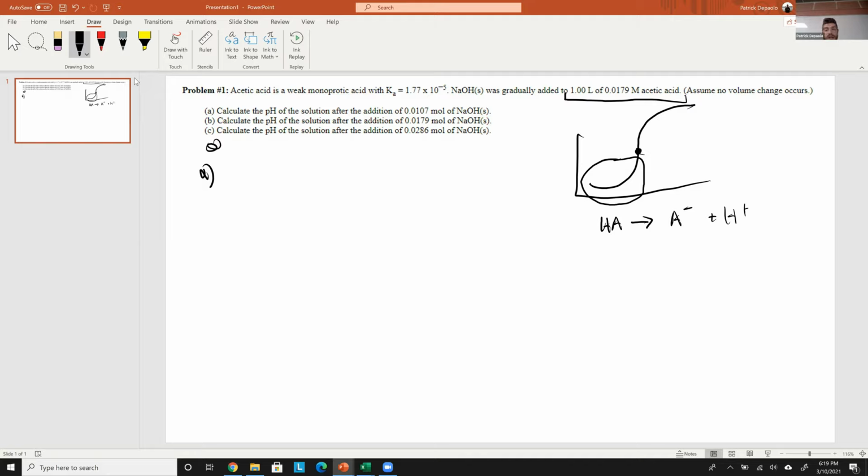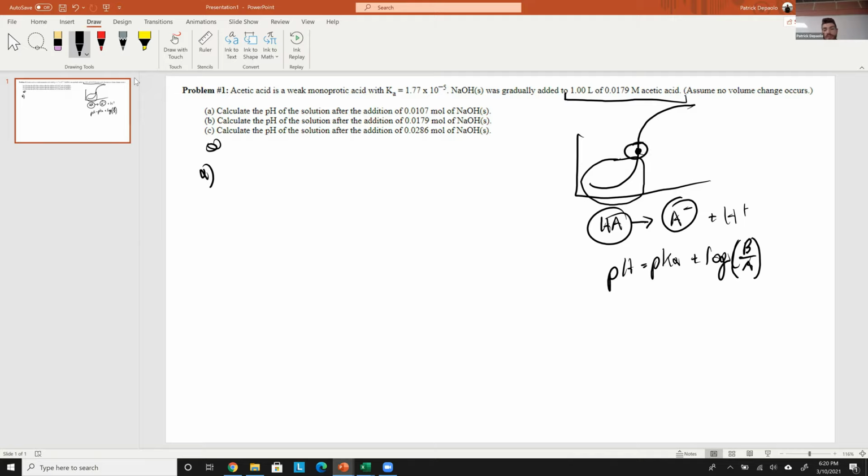So you're going to have a ratio of your conjugate base to your weak acid. And this is perfect for the Henderson-Hasselbalch equation, where pH equals pKa plus the log of base over acid, meaning the conjugate base over the weak acid.